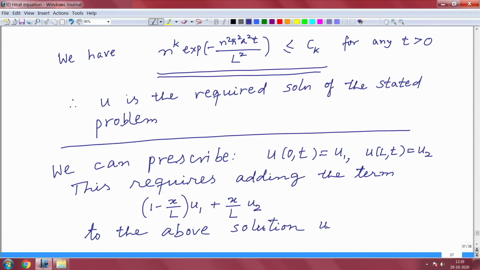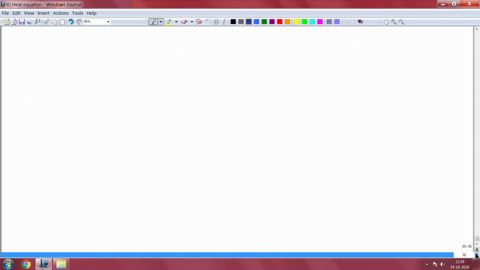So let us take one more, but in this case we will not get explicit formula for the lambda n's. So consider the boundary conditions.